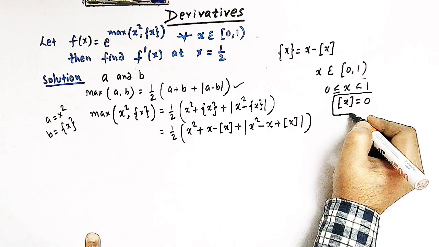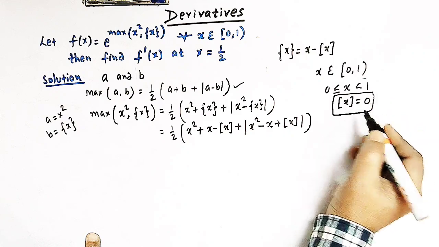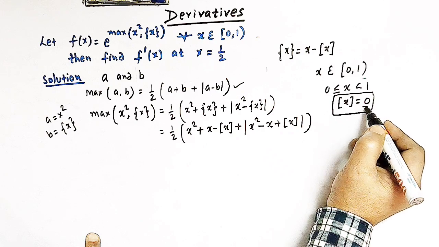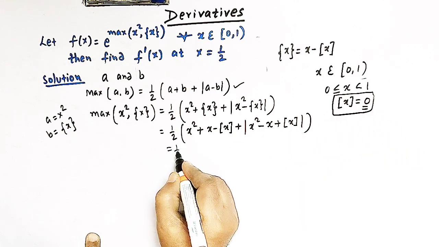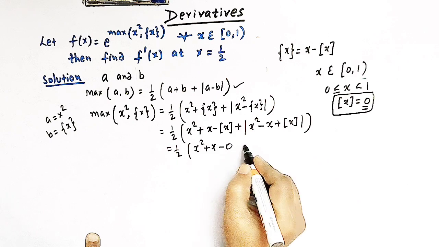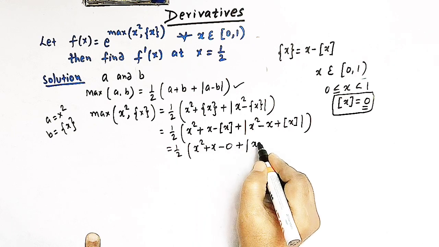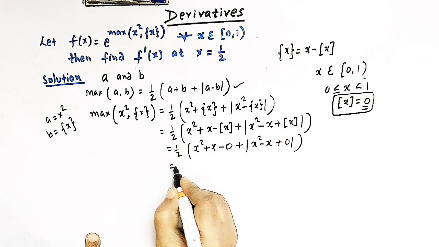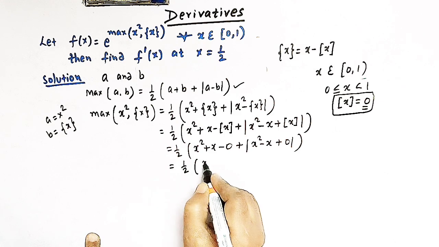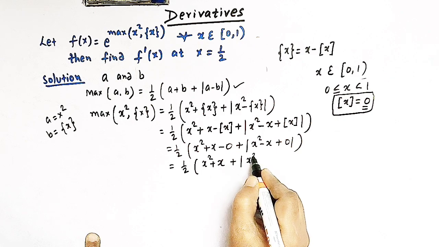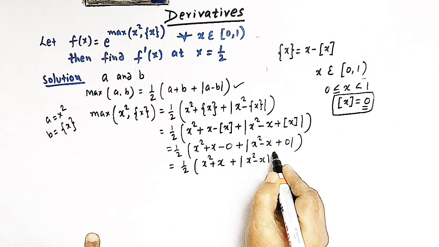This is an important step here. So replacing greatest integer of x by 0, we have half, then we can write x square plus x minus 0 plus mod of x square minus x plus 0, and we can now write half x square plus x plus mod of x square minus x.